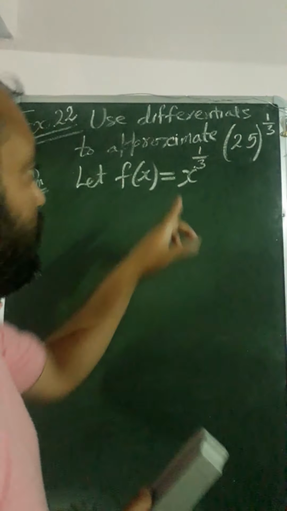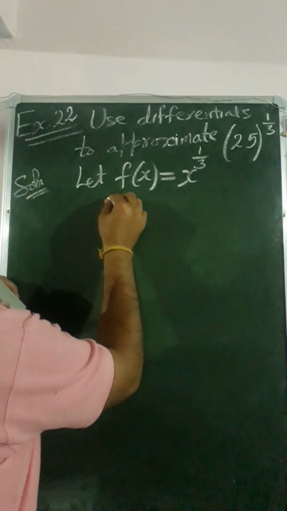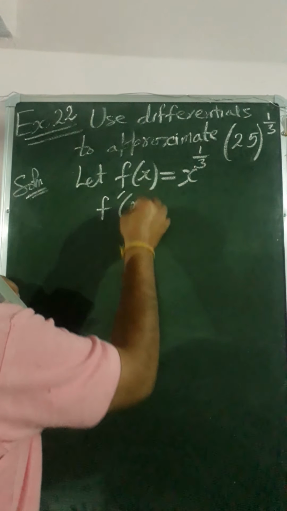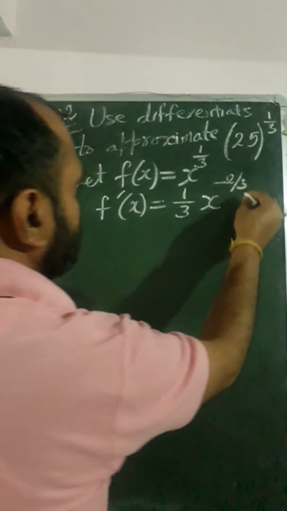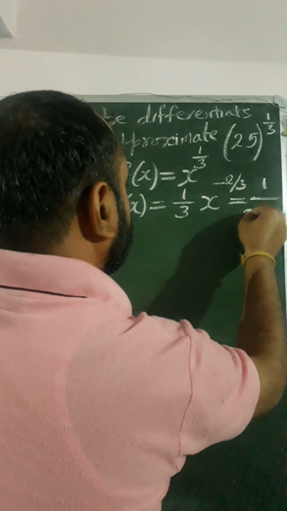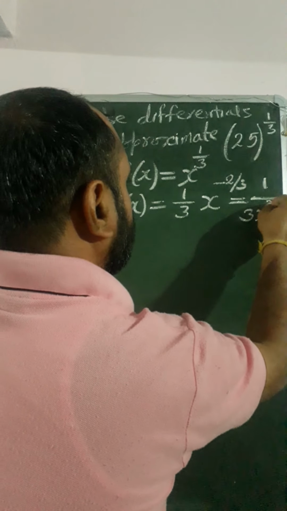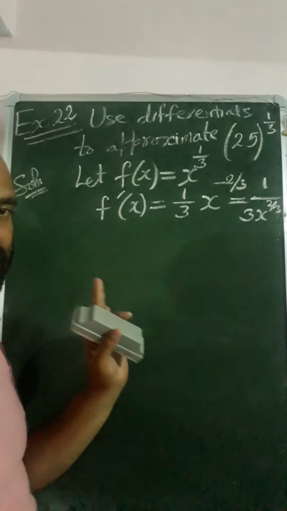You have to consider this function according to the question. Now find the derivative. f dash x is equal to 1 by 3 x raised to the power minus 2 by 3, which is equal to 1 upon 3 into x power 2 by 3.